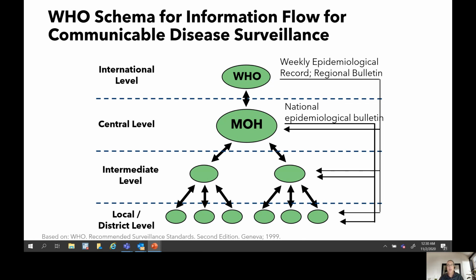And there's a really complex array of information systems, of reporting structures and systems that have very detailed standard operating procedures associated with this.